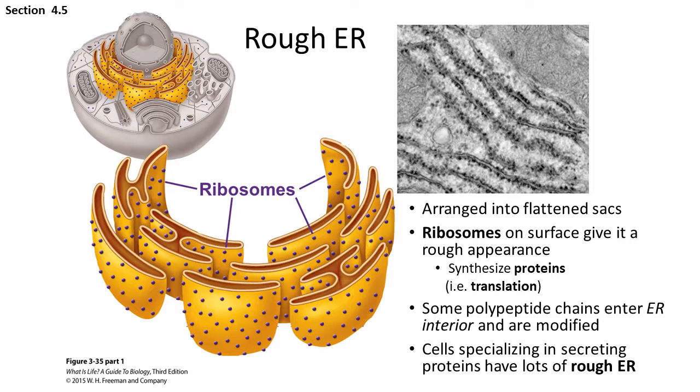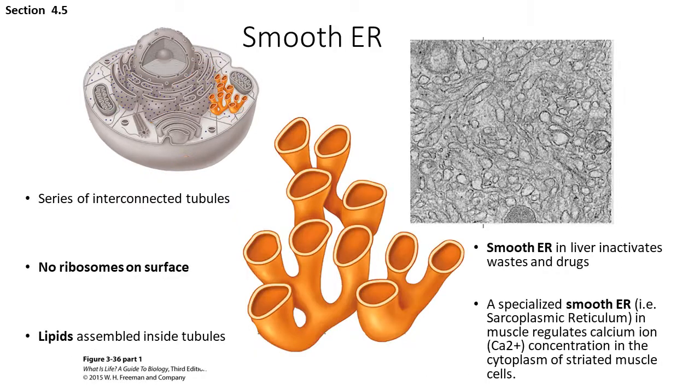Cells that specialize in secreting proteins have a lot of rough endoplasmic reticulum. The smooth ER are a series of interconnected tubules. They have no ribosomes on their surface, and lipids are assembled inside the tubules.